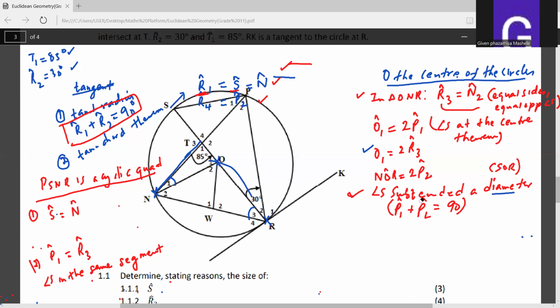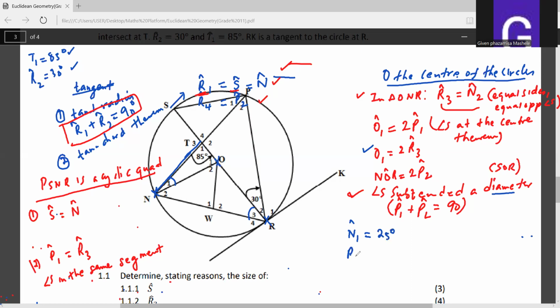For this to become a tangent, angle N1 and angle R3 must be equal. If they're not equal, then it's not a tangent. And yes, it's not a tangent. Why? Because angle N1, we got it to be 25 degrees.